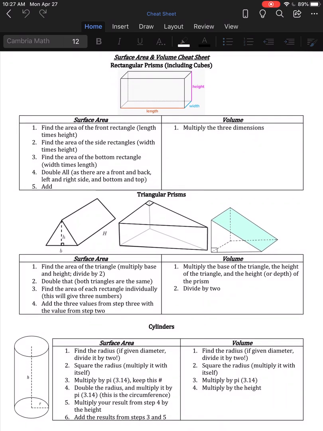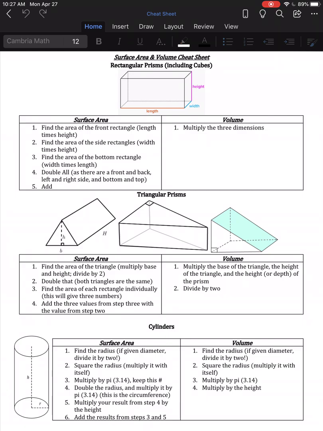This year, due to the rather unique nature of how we're doing things right now, I have made for you this cheat sheet that quite literally spells out step by step exactly how to find the surface area for this lesson or volume for future lessons.